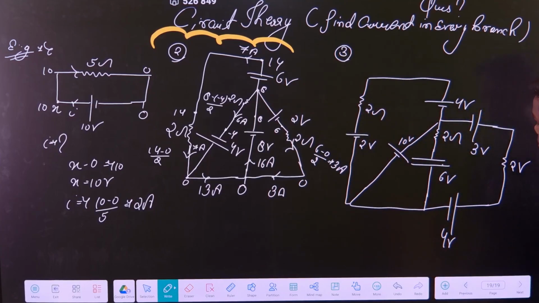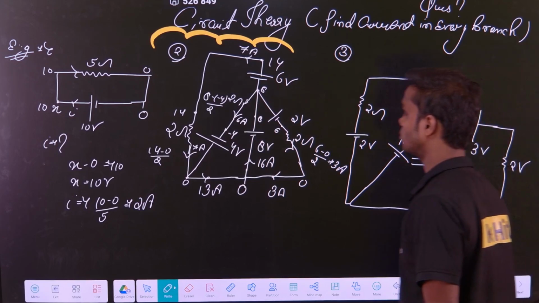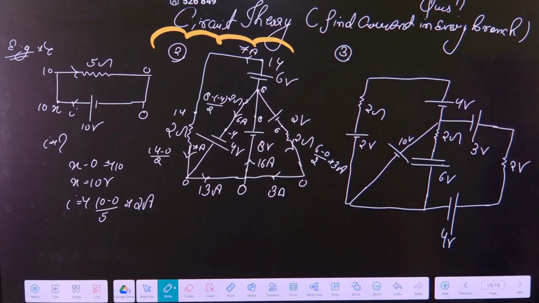Okay, same question, you have to find I in all branches. How to solve this? Just note it down.